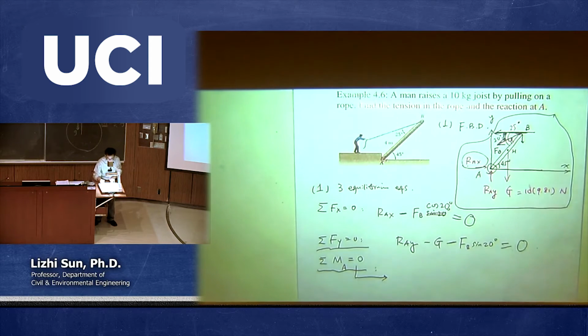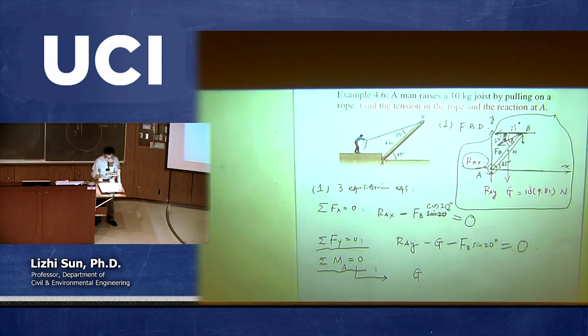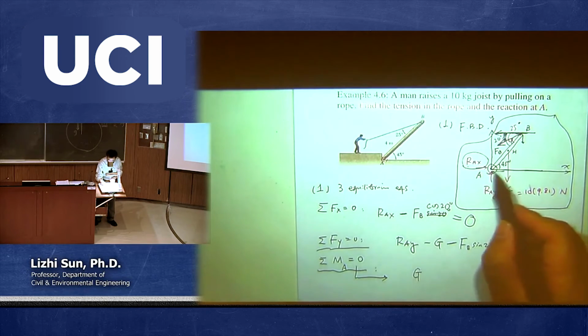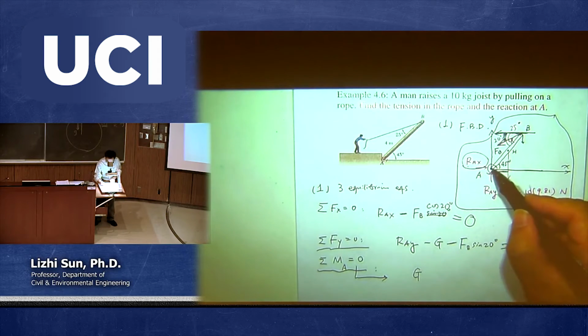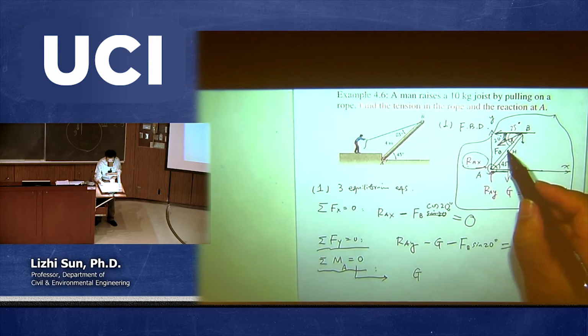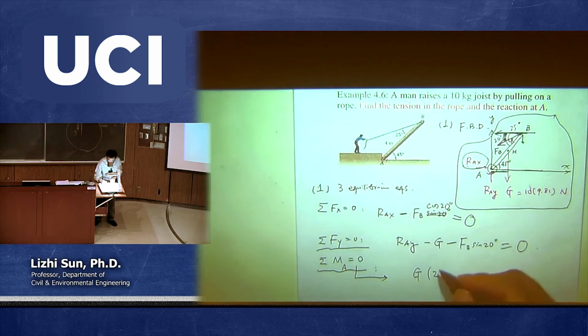So first of all, let's look at G. We use F times D, for example, right? So G is a magnitude times the shorter distance. So here is the shorter distance, this one. What is the shorter distance? From here to H, the total is 4 meters, so from here to here is 2 meters, right? So 2 meters times sine 45 degrees.